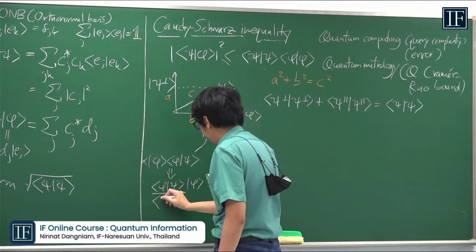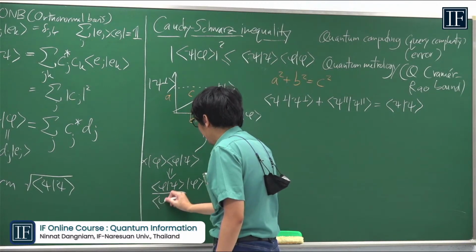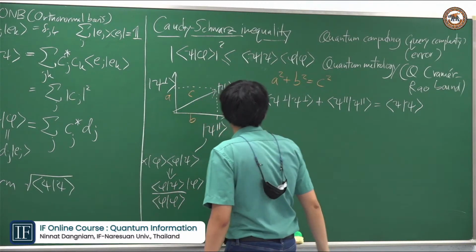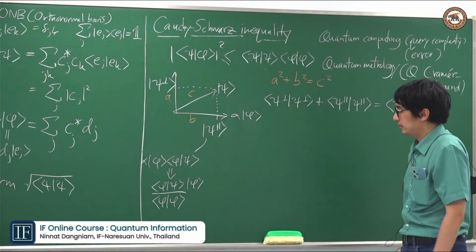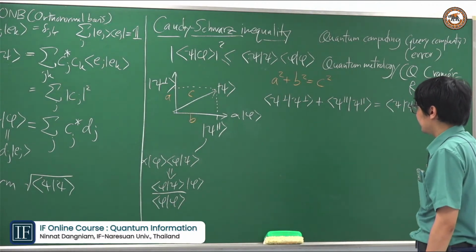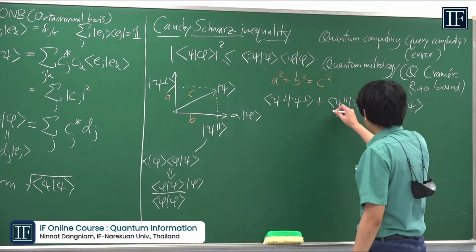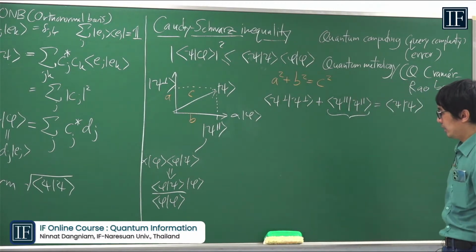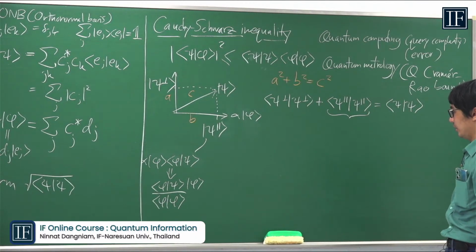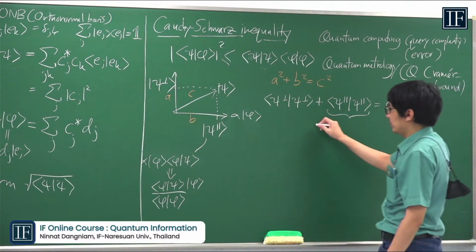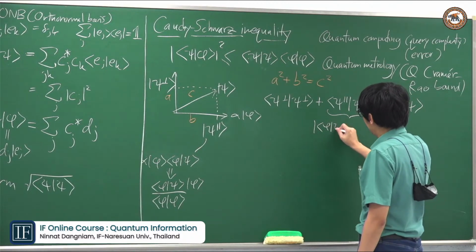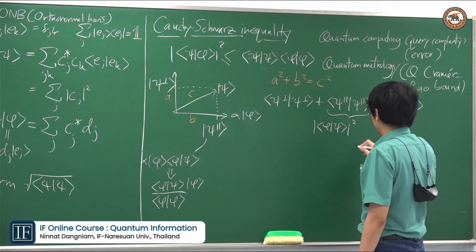The normalization is just this, by the square. So the inner product of this guy is this.